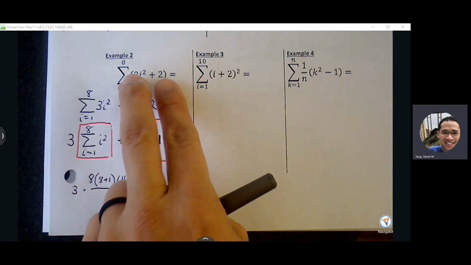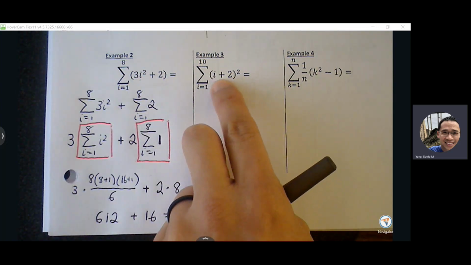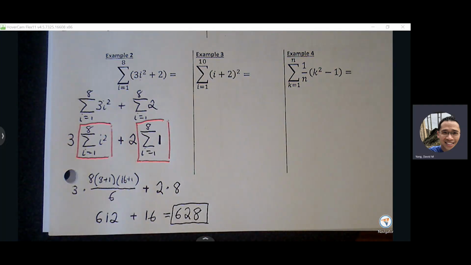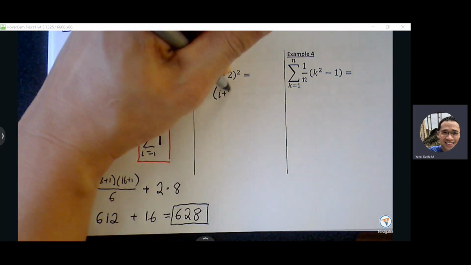Because these are separate terms, right? We can just separate them, but this is not quite separated. So what can we do to get them separated? Yeah, let's expand it, right? If we expand it, we get the individual terms without the parentheses, and then we can individualize each term. We're going to spend some time working on this i plus 2.